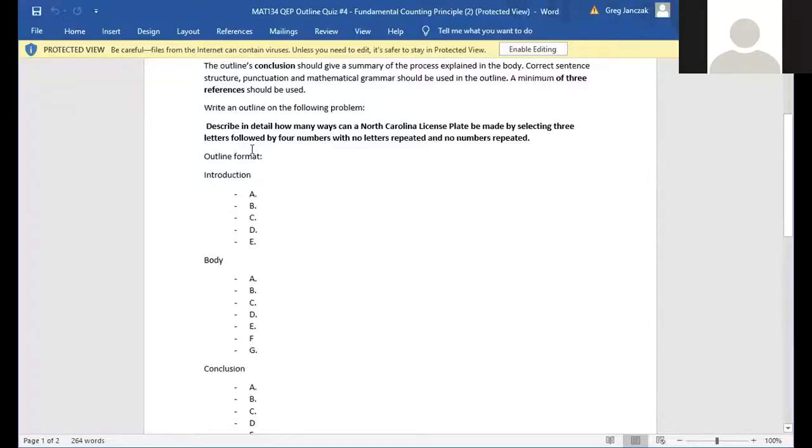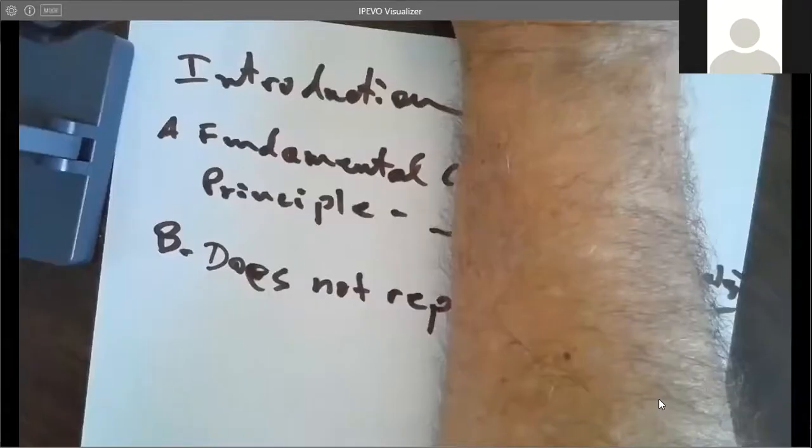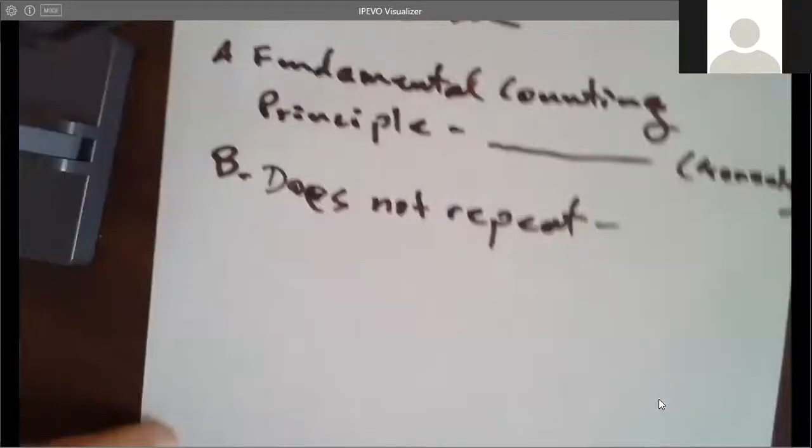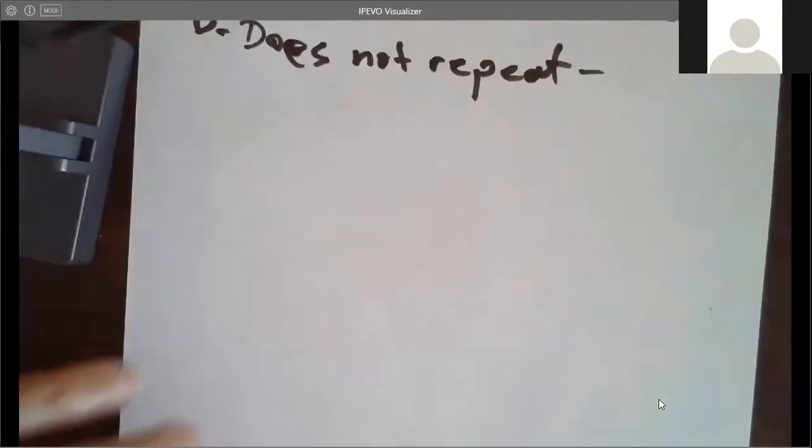Okay, it says, describe in detail how many ways a North Carolina license plate can be made by selecting 3 letters followed by 4 numbers, with no letters repeated and no numbers repeated. Okay, so it helps to go ahead and write this out. And I would recommend that you write this down.